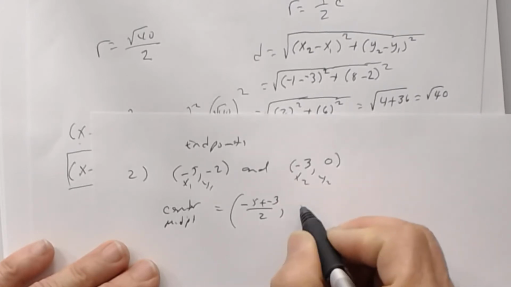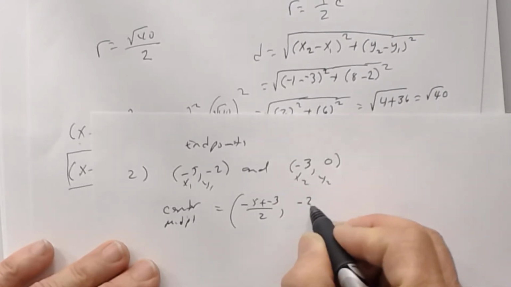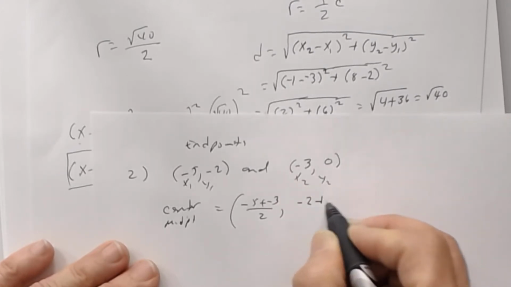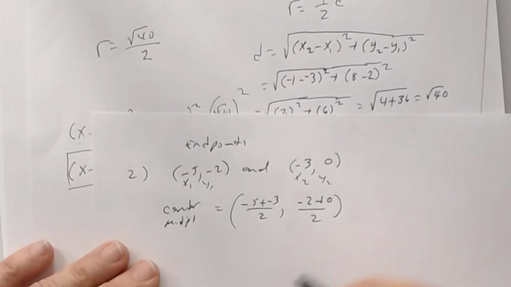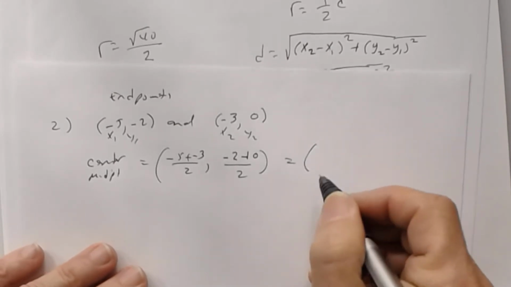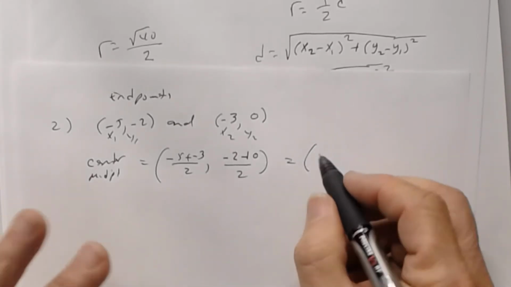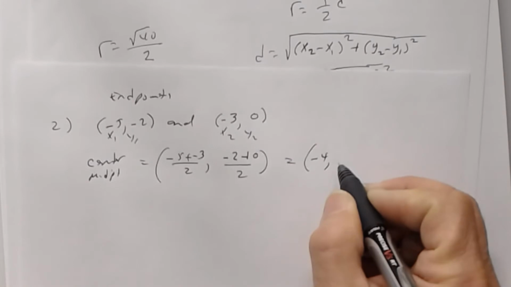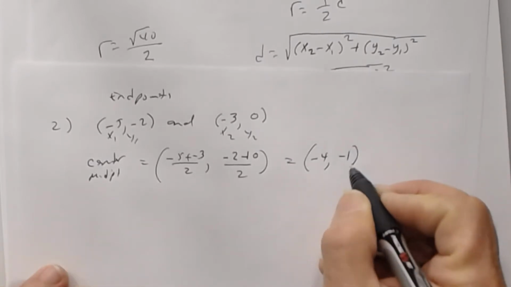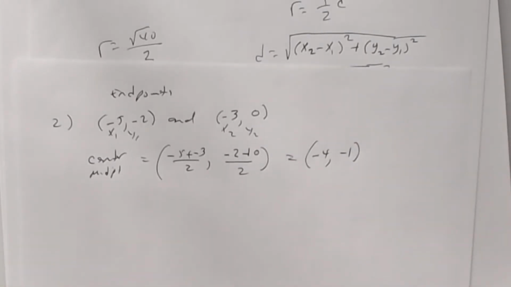Divided by 2, comma, -2, then you add your y's, -2 plus 0 divided by 2. So what's the center of the circle? -8 halves, which is -4, and then -1. So that's the center.